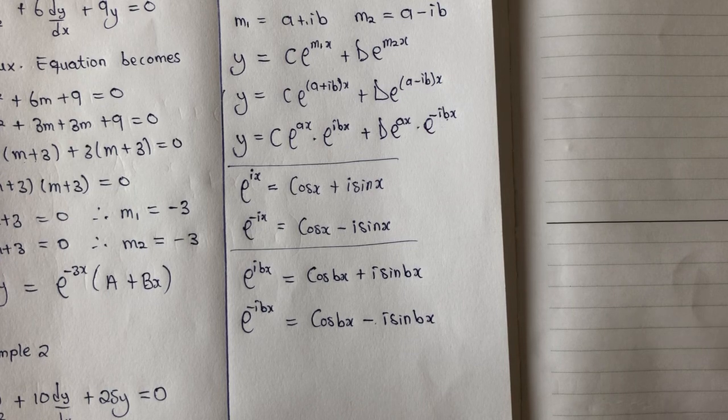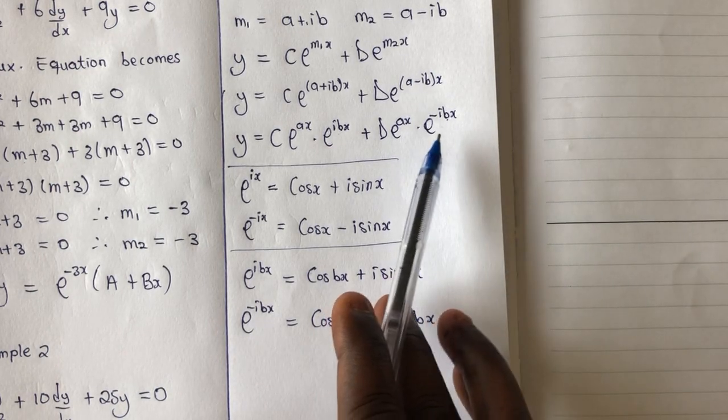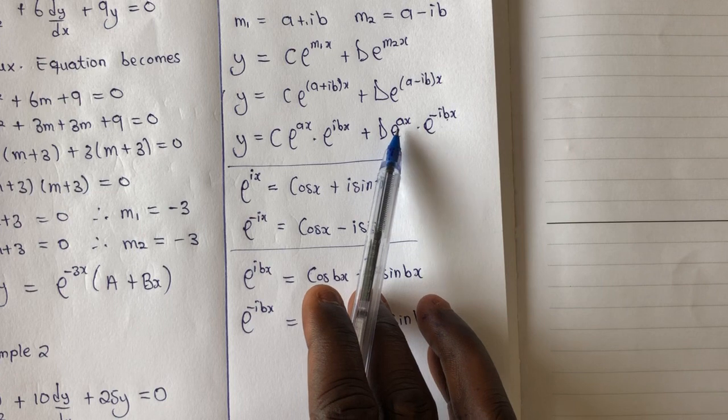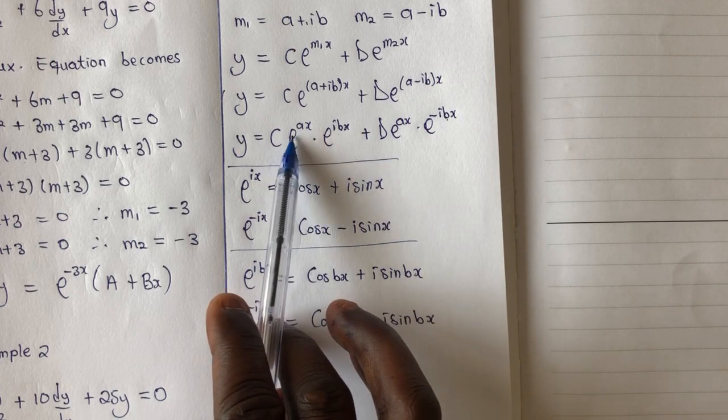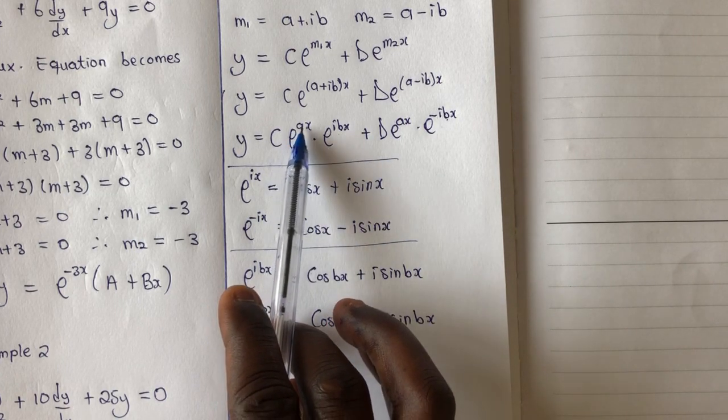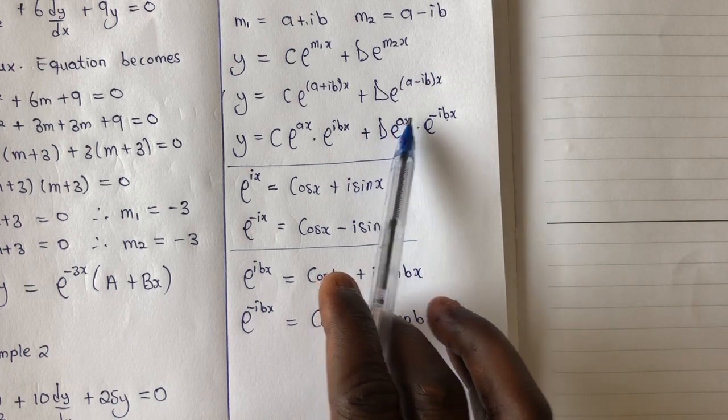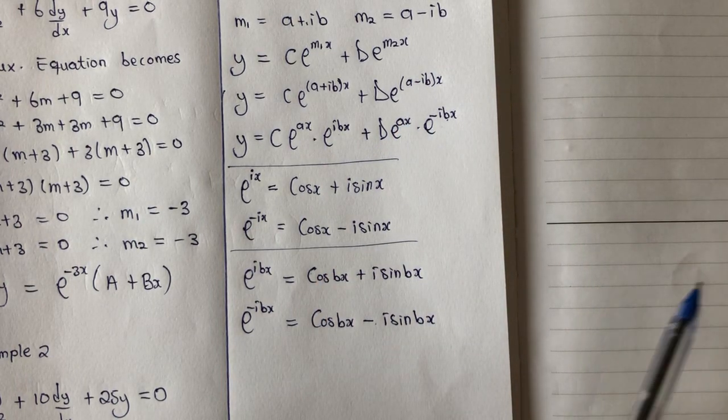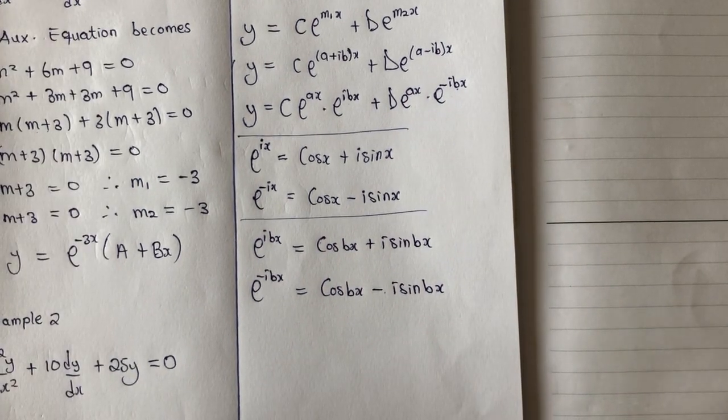And then let's see what we are going to get. Now note that the exponential function e raised to the power ax and e raised to the power ax here, they are the same, so we can factorize it out.